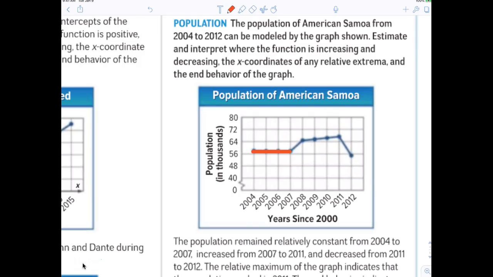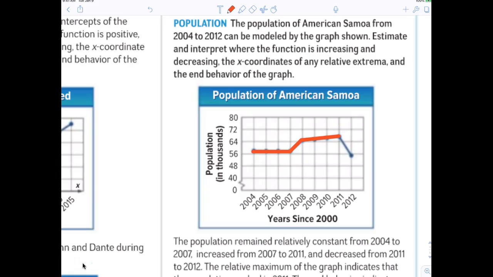Staying the same. And when something stays the same, we call it constant. Then from here to here, it's increasing, right? And from here to here, increasing also.